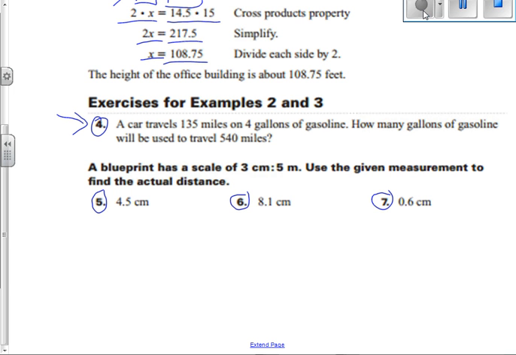All right, so let's look at number 4. Let's pick a different color here. Let's do red. Okay, so a car travels 135 miles on 4 gallons. So there's one ratio right there. I'm going to write 135 miles over 4 gallons, and it doesn't matter whether I put 4 gallons over 135, as long as I'm consistent when I write the second ratio. Then it wants to know how many gallons of gasoline will be used to travel 540 miles, so I know x is going to be on the bottom, that's gallons.